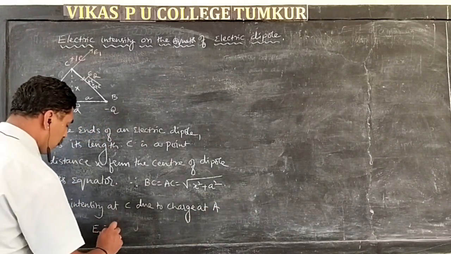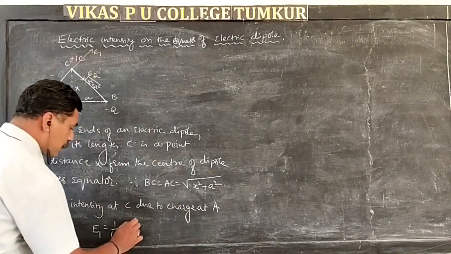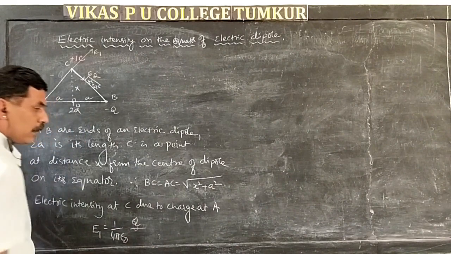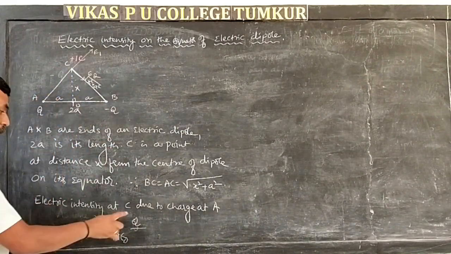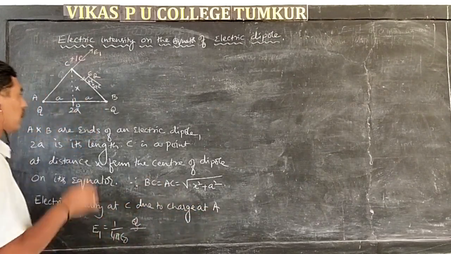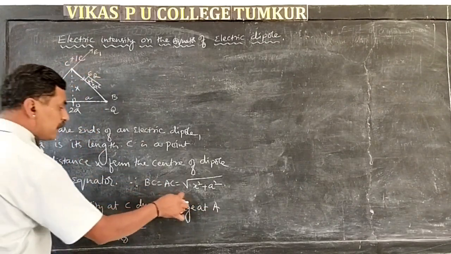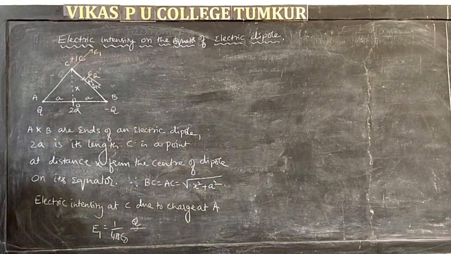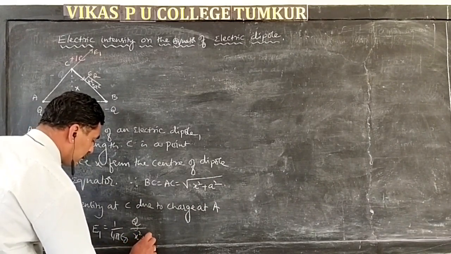This is 1 by 4 pi epsilon naught, charge at A by AC square. Taking points C and A, AC square, AC is root of x square plus a square, and squaring root of x square plus a square gives x square plus a square.